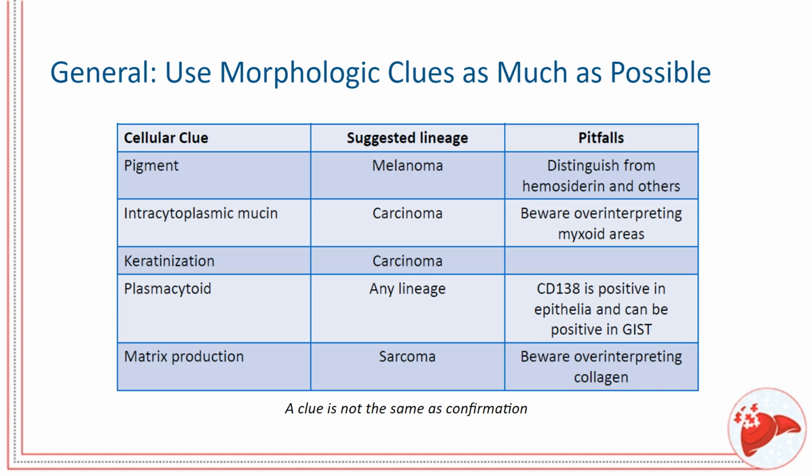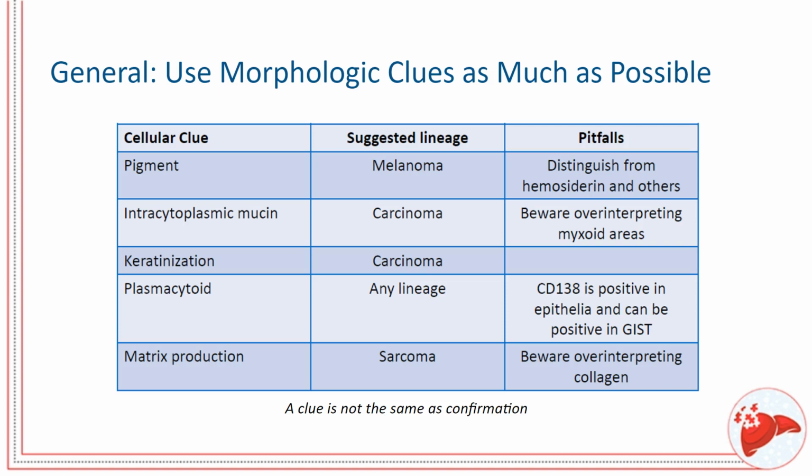So it's important to recognize that plasmacytoid morphology is not specific for a particular line of differentiation. And along those lines, be aware that CD138 can be positive in a range of tumors. I've actually seen a number of cases in consultation referred as hematolymphoid proliferations that ended up being either GIST or carcinomas that were CD138 positive.